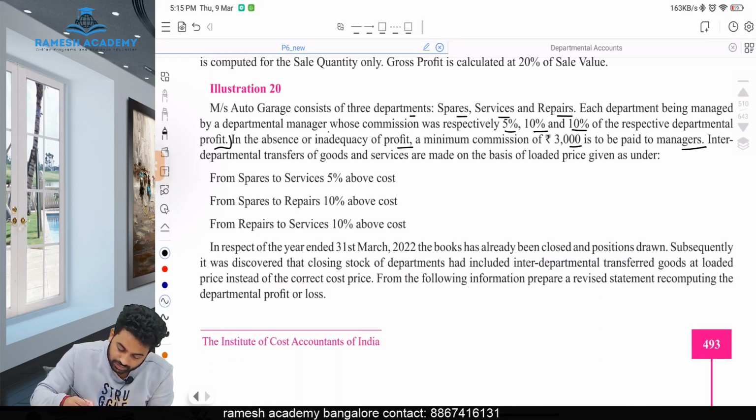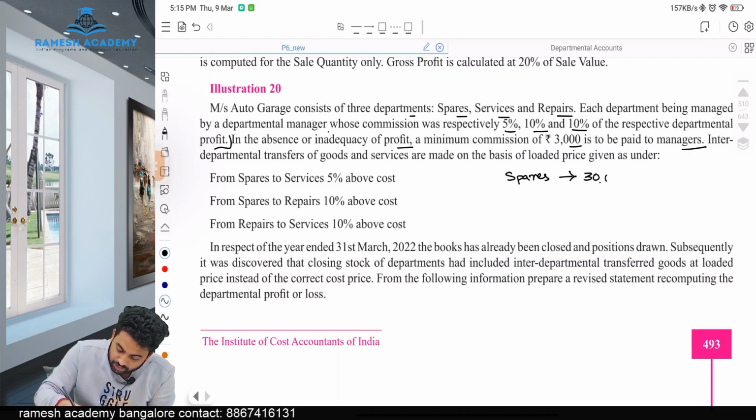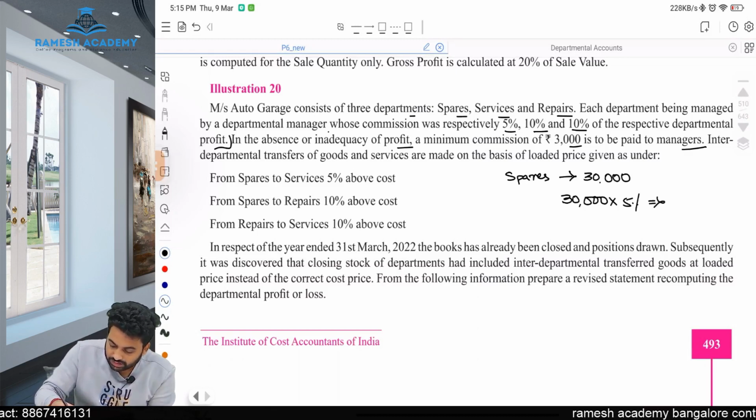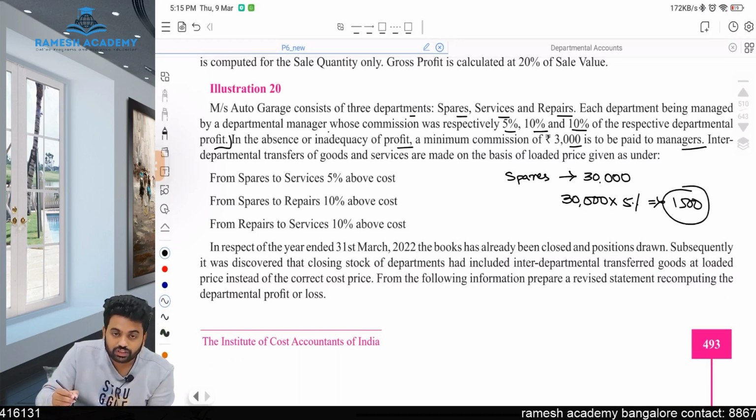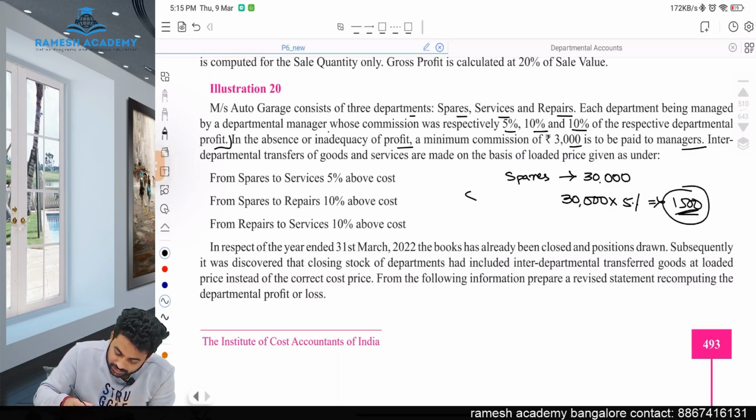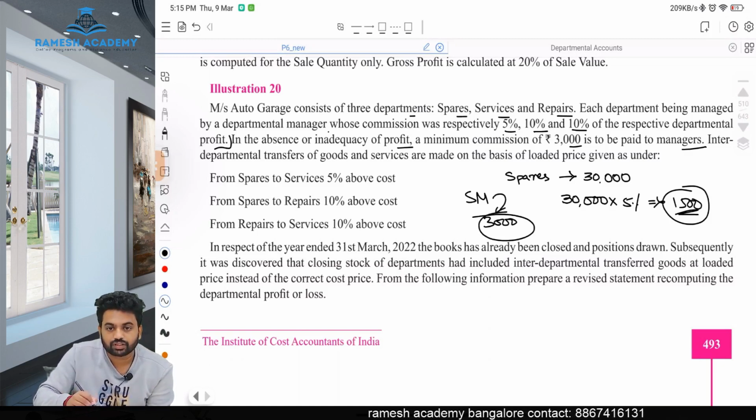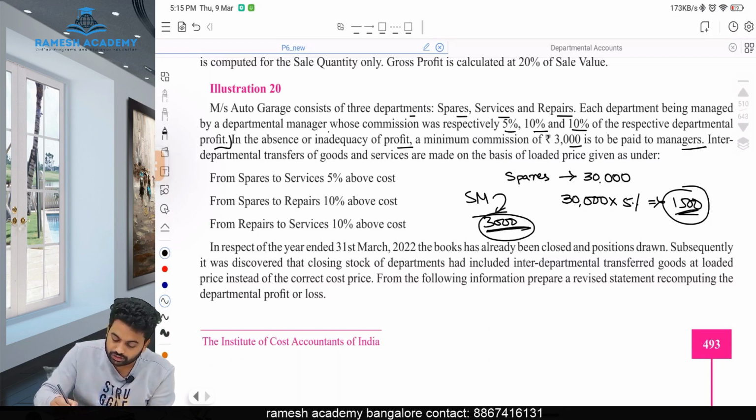I repeat, let us assume the spares department made a profit of 30,000 rupees. Now how much will be the commission? Commission will be 30,000 into 5%, which is 1,500. In this case, the spares manager is entitled to 3,000, not 1,500.